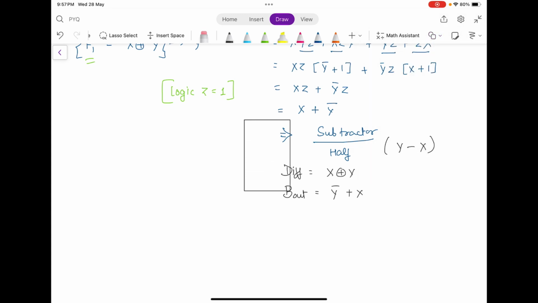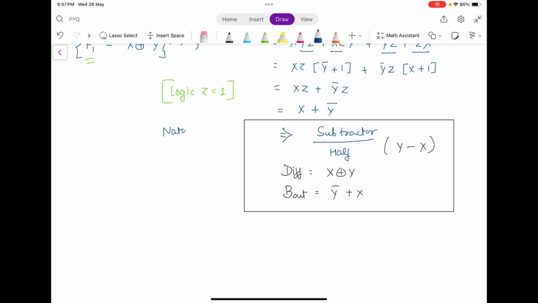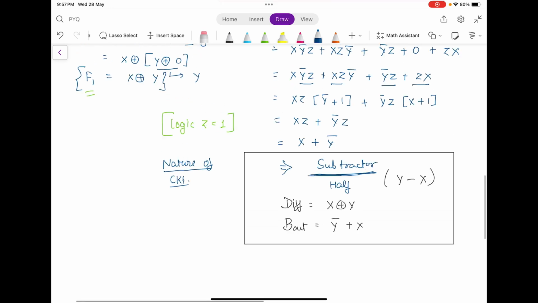You have to be careful with this way of doing it, because sometimes it is asked for the nature of the circuit. So it is one of the good questions asked on the nature of the circuit. It does not say that the output should be a full adder.